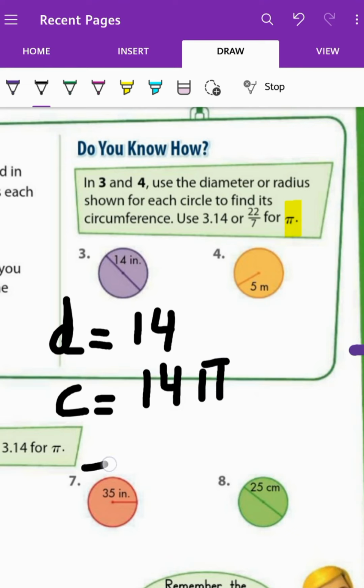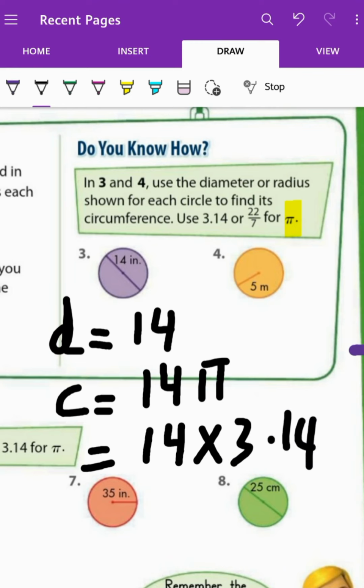Now I can write the pi as 14 multiplied by 3.14. You do this, you find the number. It is about 45. What is the 45, my dear students?